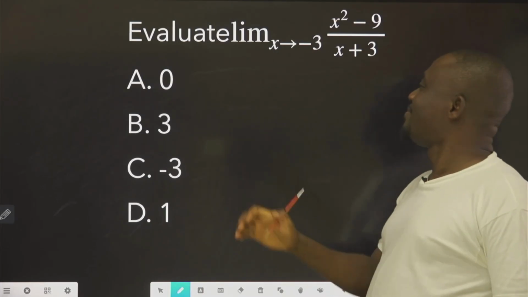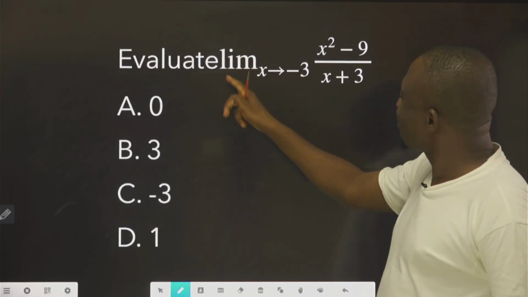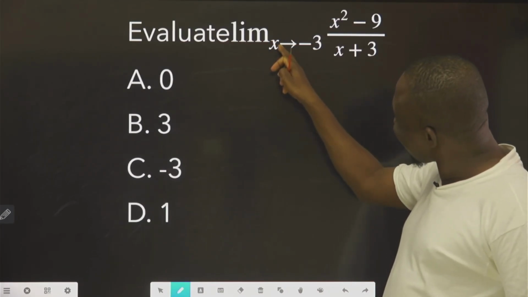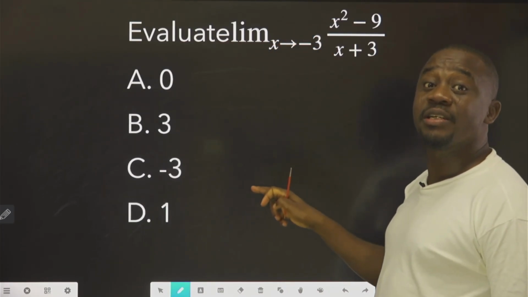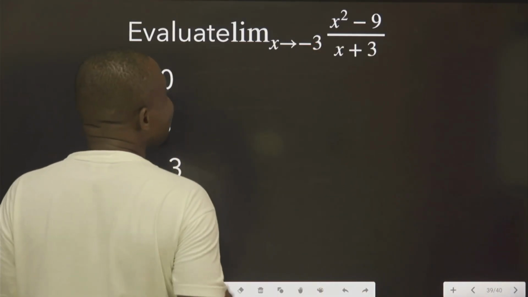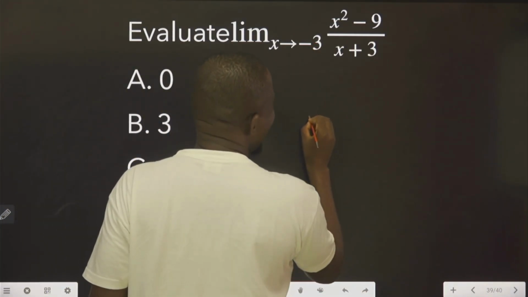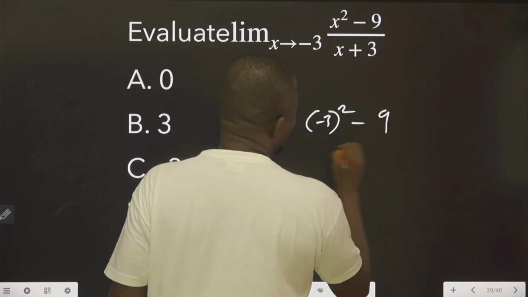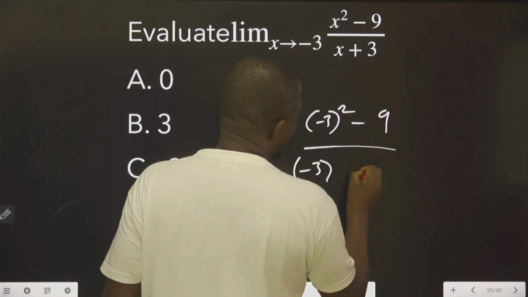Let's look at this. Evaluate this. Please know that these two are not together. Evaluate the limit as s is tending towards -3. What will be the value? Some students will simply go to the exam hall and say, minus 3 raised to power 2 minus 9 over minus 3 plus 3.